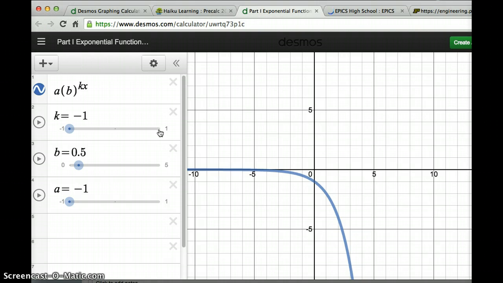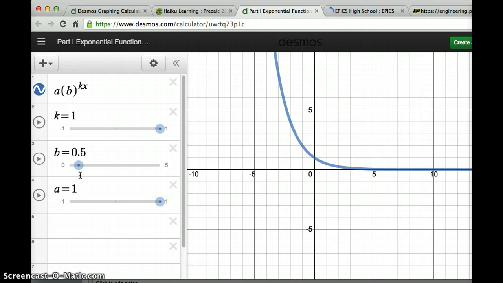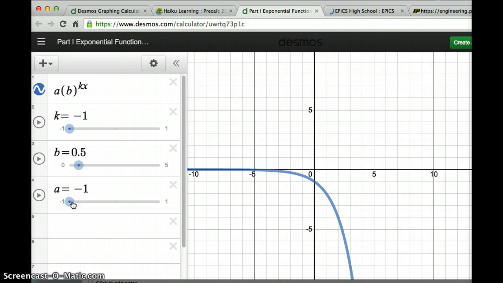So if we walk through that process again, here we're starting with a value of b less than 1, so we're starting with exponential decay. If we have one reflection coming from one negative, it becomes exponential growth. But when we add a second reflection, it becomes exponential decay again.